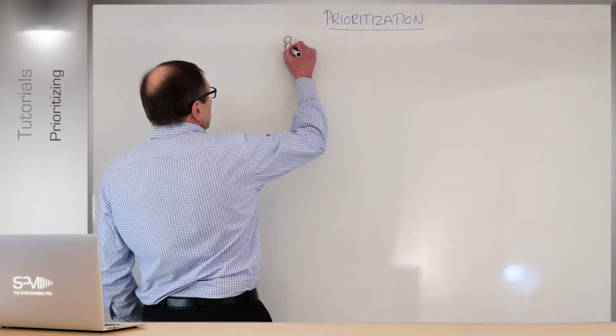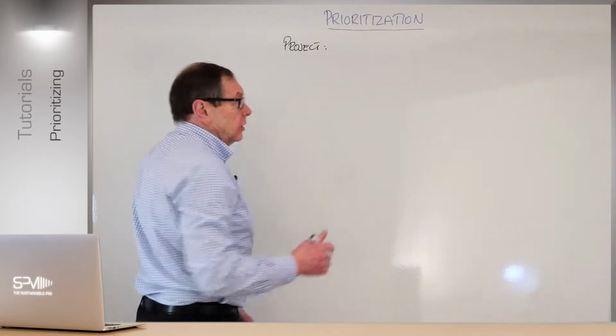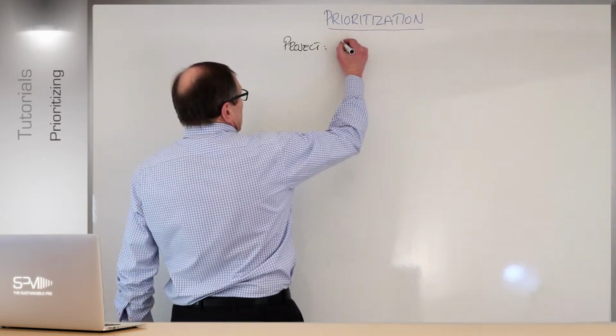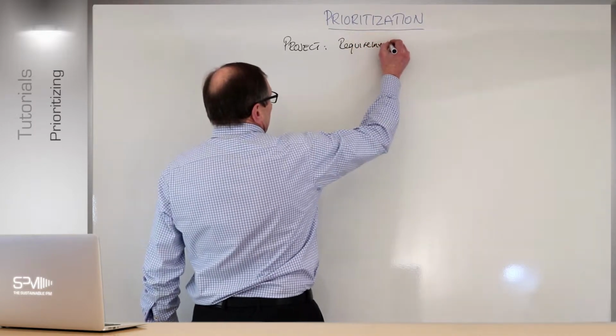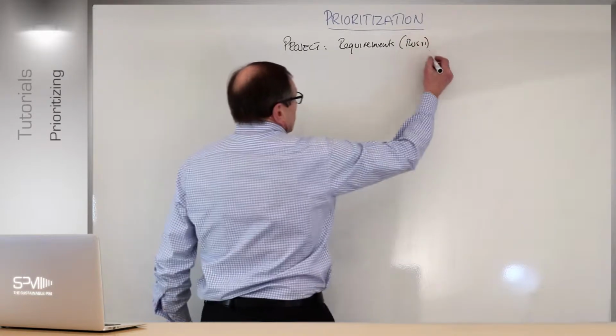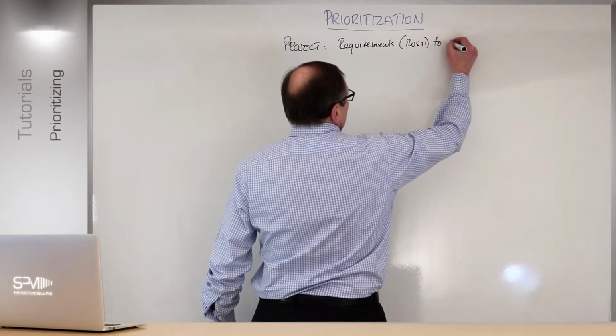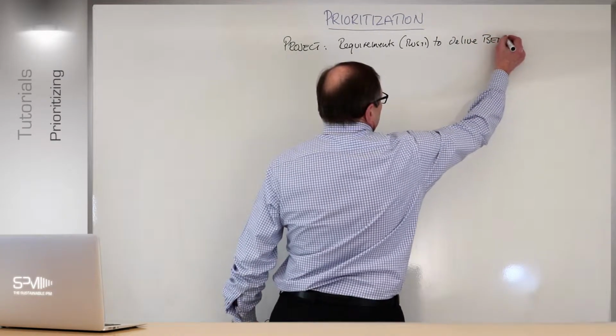There's project level, which we look at really the requirements needed, the must-haves, in other words, the musts, right, to deliver the benefits that we expect out of the project.